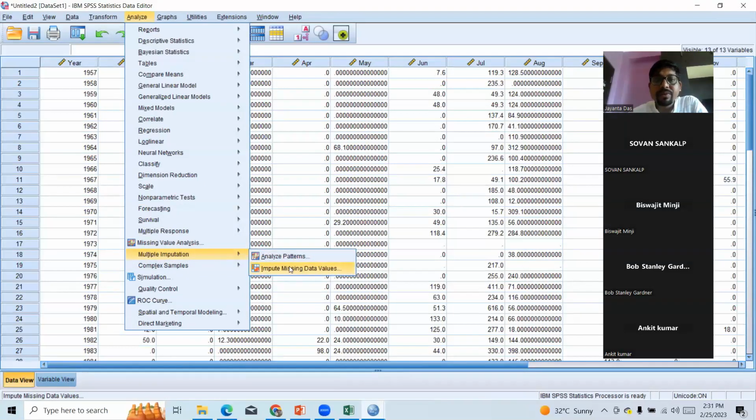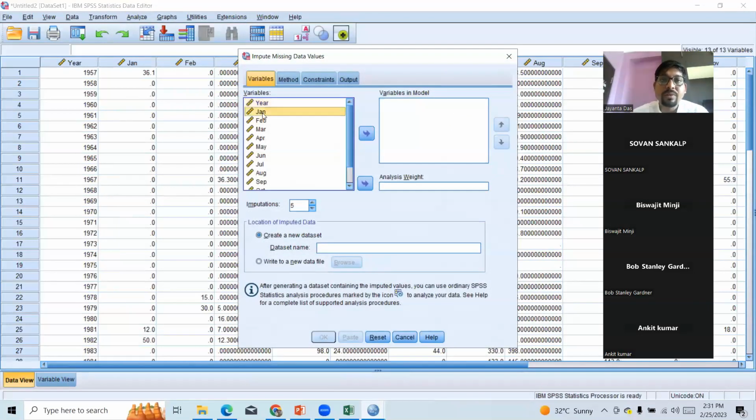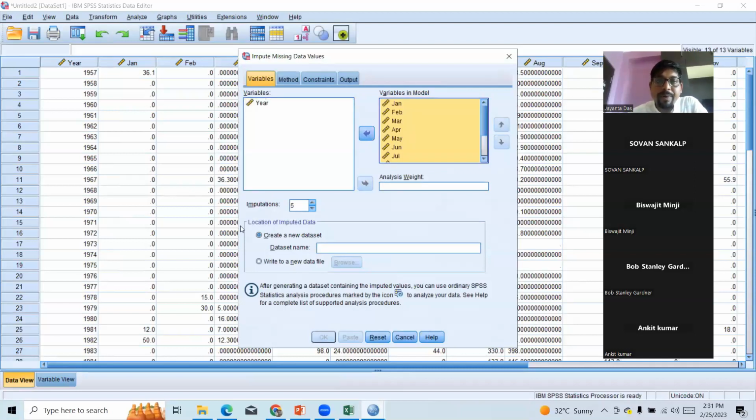This one, Impute Missing Data Values. So here, variables in model: we have to select January to December. Then imputations. That means the iteration number, the repetition of the process. You can increase or decrease it, but by default in SPSS it is 5.